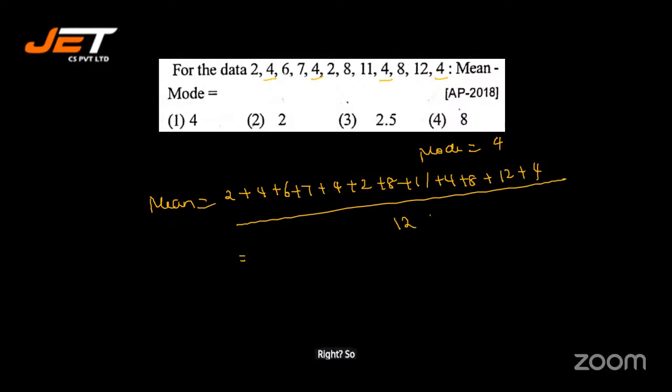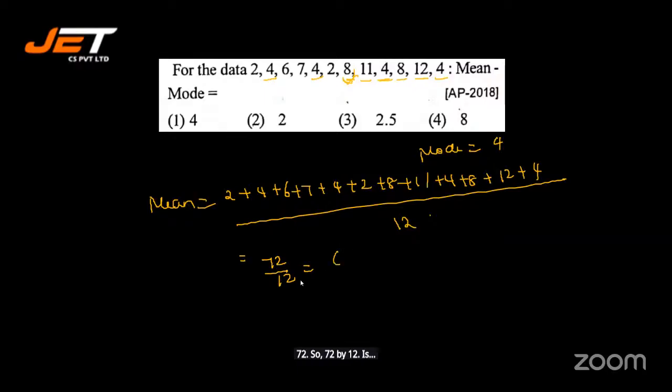So 12 plus 7, 19, 23, 25. 25 plus 8, 33 plus 11, 44, 44 plus 4, 48, 48 plus 8, 56, 56 plus 12, 68, 68 plus 4, 72.